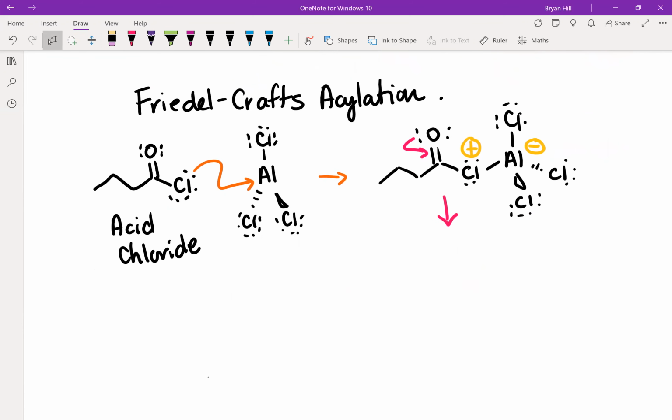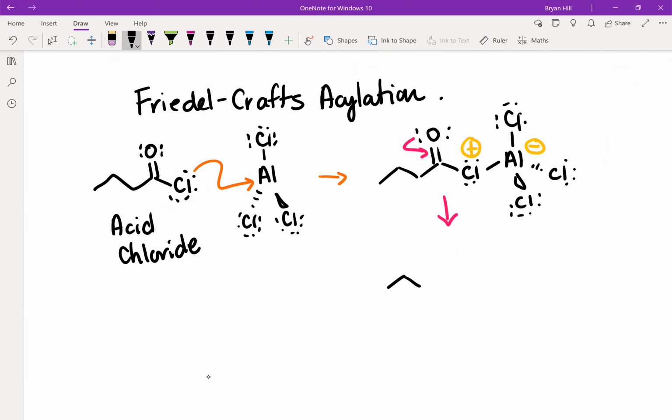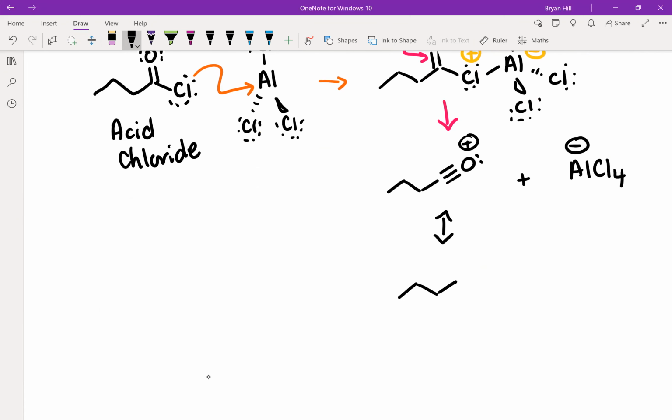And this gives us, and this could be in resonance with, better keep it the same geometry here, the acylium cation. And so this is your electrophile.